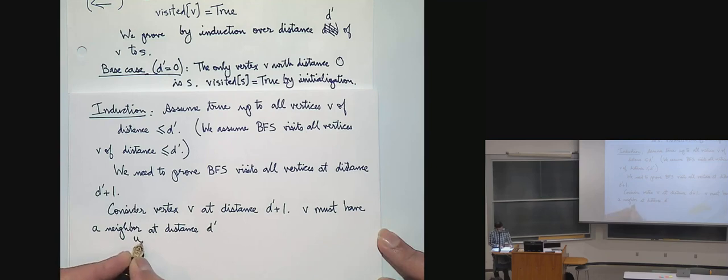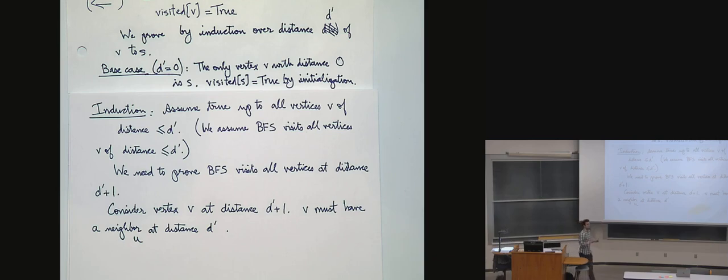So I'll call this neighbor U. Right? If it's a distance D prime plus 1, there's some neighbor that's closer. That's just by the fact that there is a path of a particular length. And so now you can apply the induction hypothesis on U.